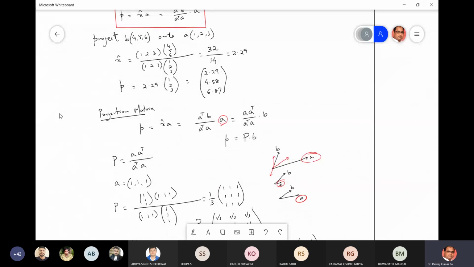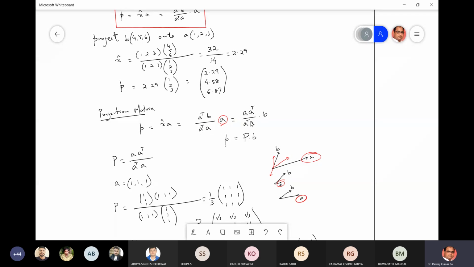So this is what we actually got, and we later manipulated it into a projection matrix. Instead of putting A outside, we brought A inside and took B outside, so that the entire numerator and denominator comprise A only.